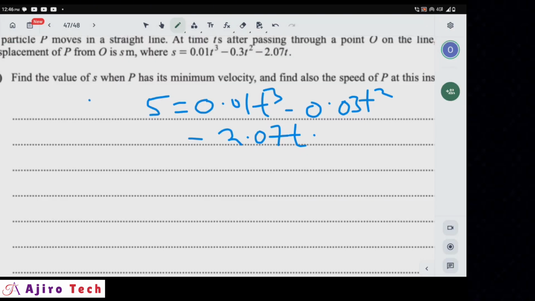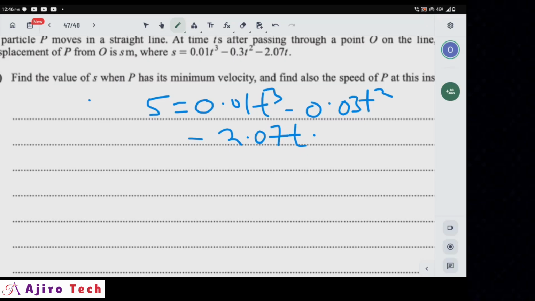should have preconceived knowledge of differentiation and calculus. To solve this question, what they're asking for is the minimum velocity, and according to physics, velocity is the change in displacement with time.